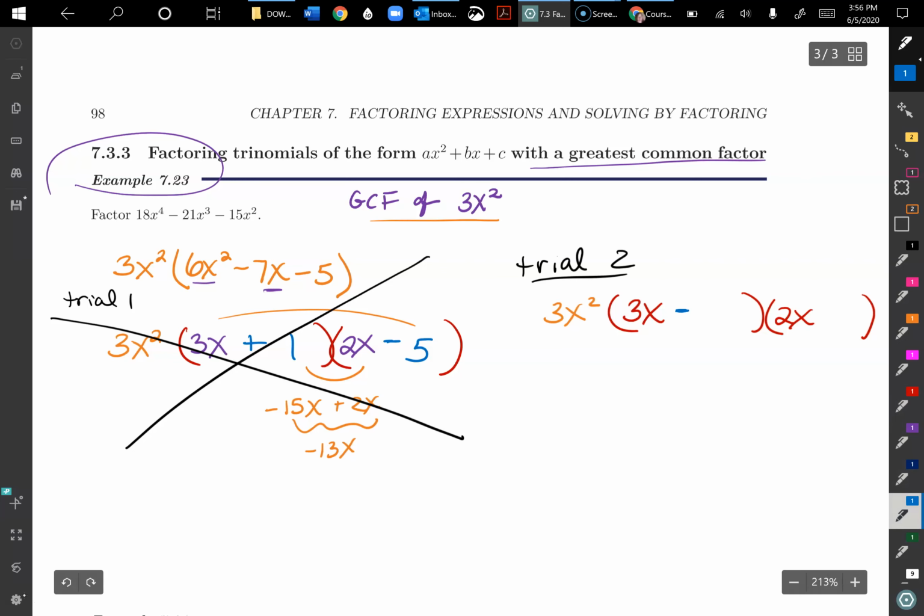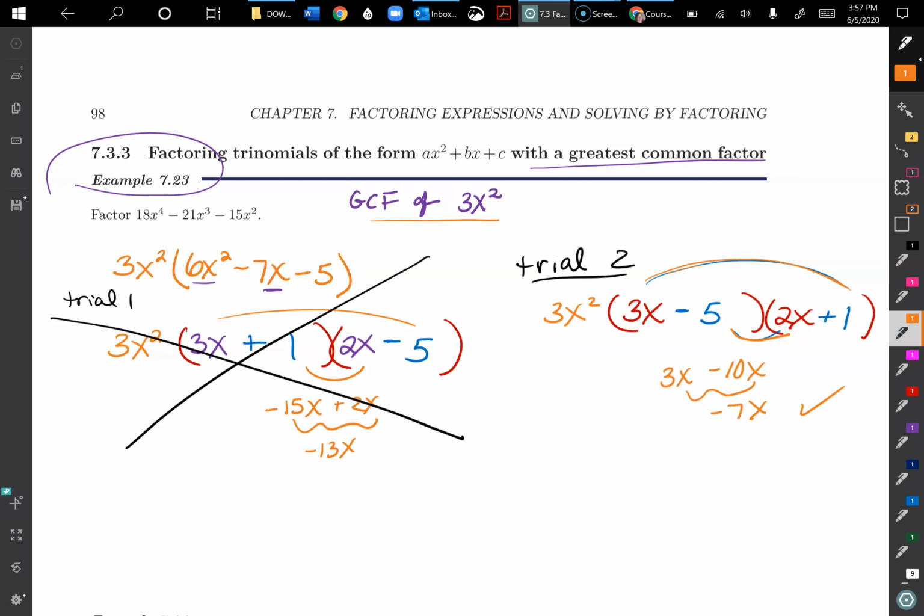So I'm going to have -5 here, because then, oh, that gives me a 10 when I multiply. That's kind of nice. And then the 1. So 3x times 1 for my outsides, so that's just the 3x. My middle term is going to be minus 10x. Together I get negative 7x. Bingo, that's what I'm looking for.